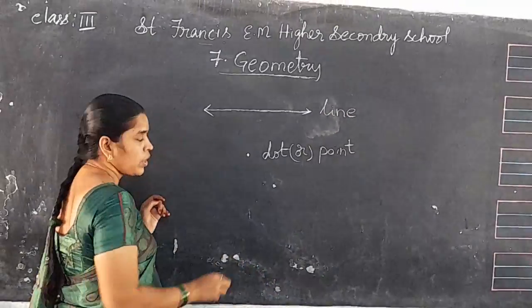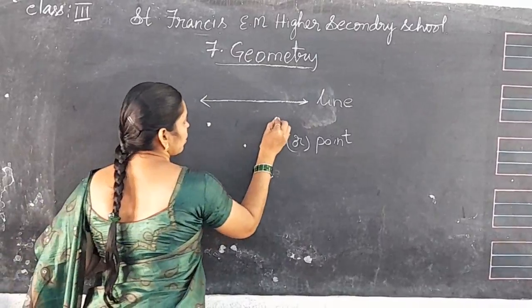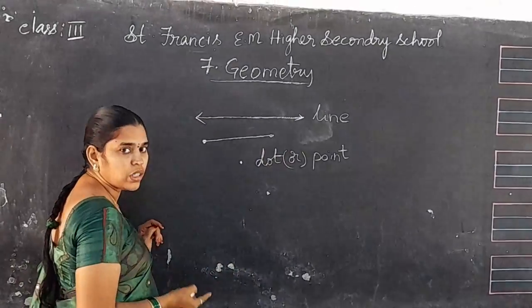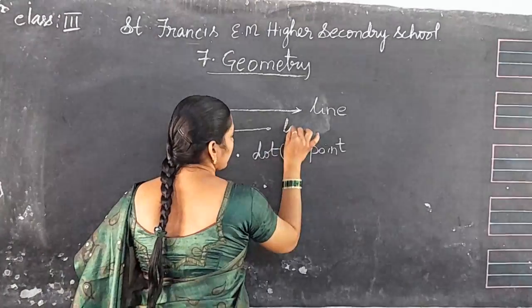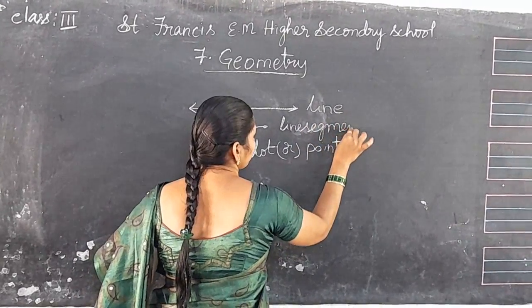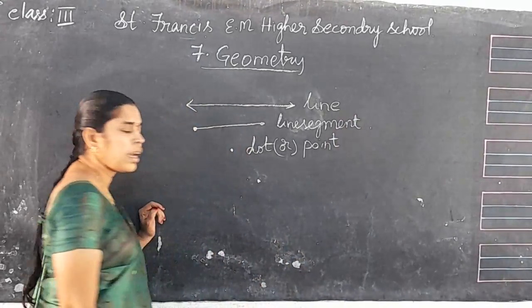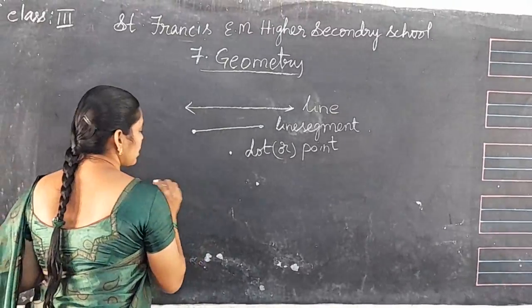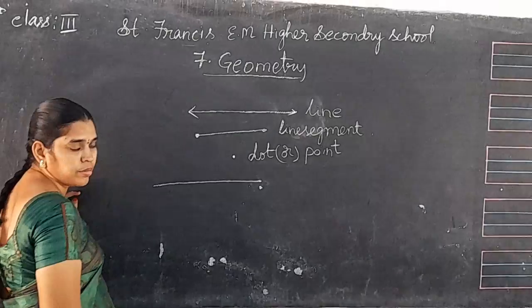If two dots are there, now I am joining these dots. What is this called? Line segment. Okay? And this is a straight line.